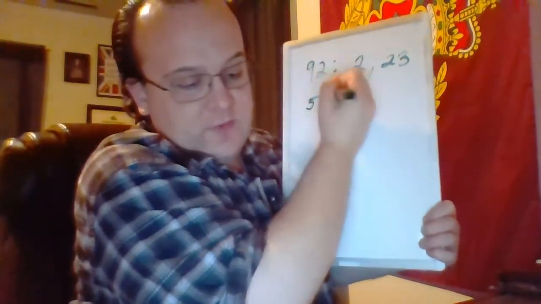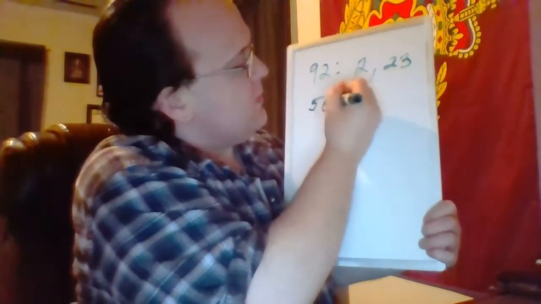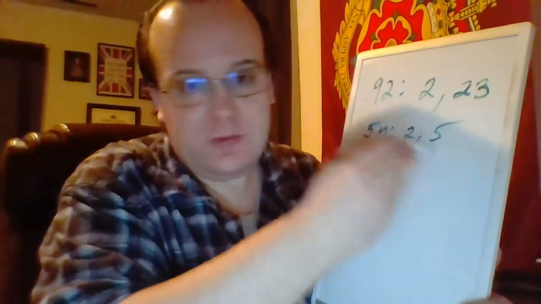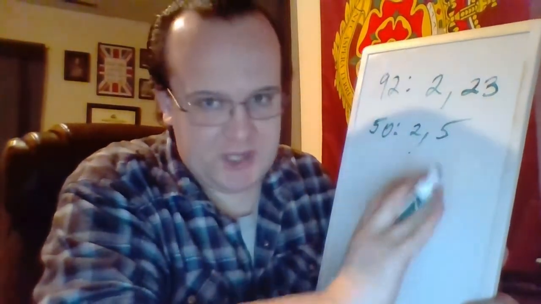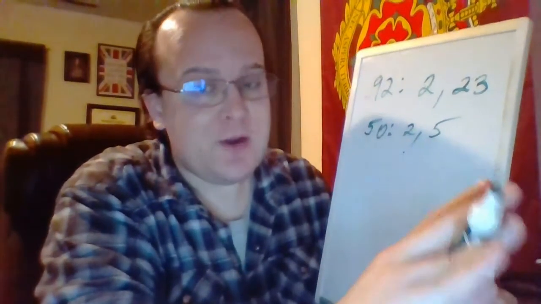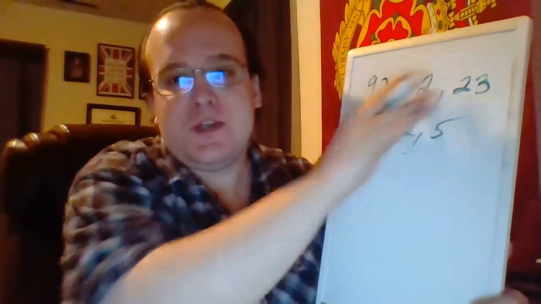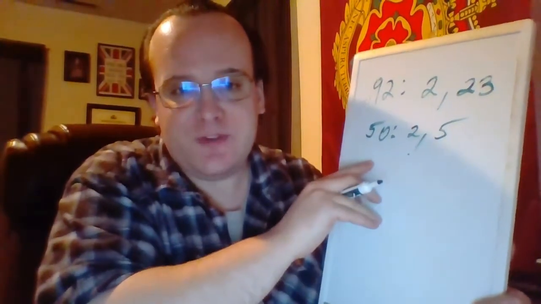The first one we did, 50: 2 and 5. So let's just pretend, I don't think that they are, but let's pretend that these are the only multiples of 92 and 50.